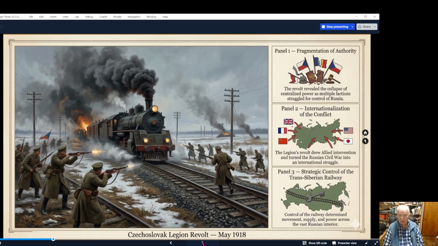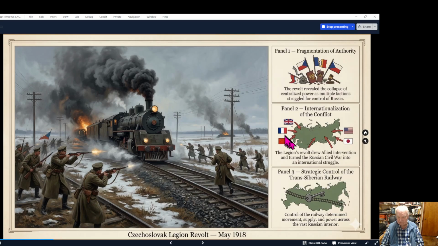So what happens is you now have internationalization, you have gunfire, and you have the Bolsheviks, and you have anti-Bolshevik forces. The other part of this, it's really, really important, is it internationalizes the conflict from the first moments of the conflict. So Japan will send a substantial number of troops into Siberia.